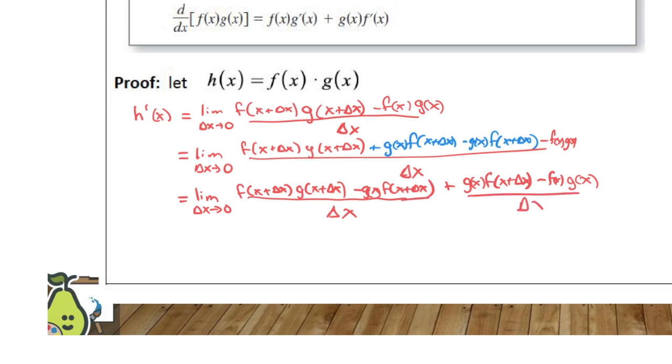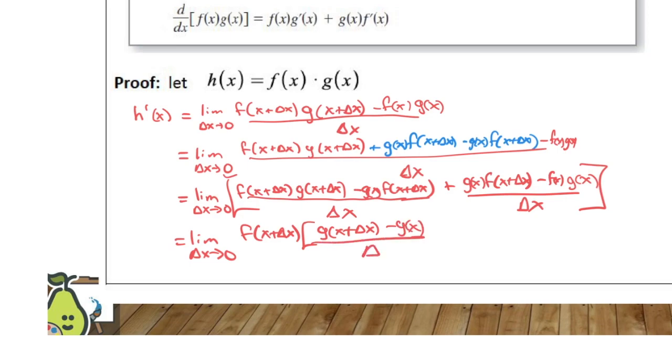Now look closely at what has happened here. As we go to 0, we can do a little bit more factoring. We're going to get the limit as your delta x goes to 0, and we're left with f of x plus delta x factored out, g of x plus delta x minus g of x divided by delta x.